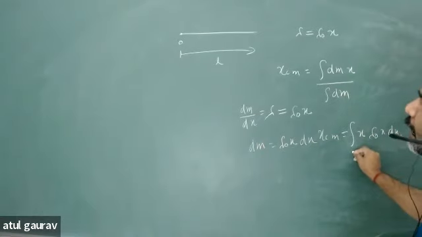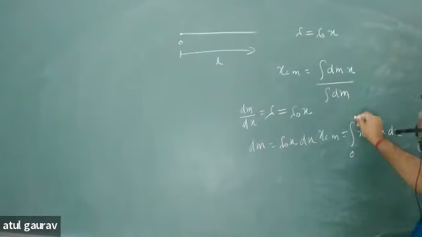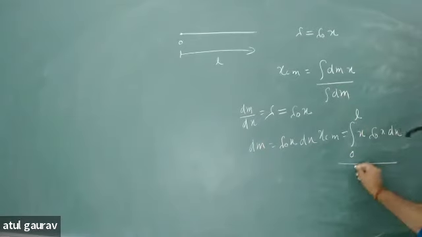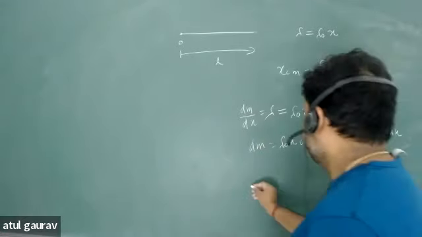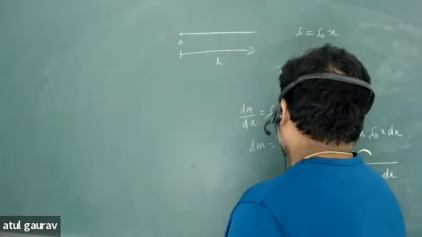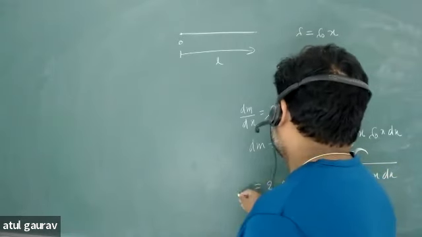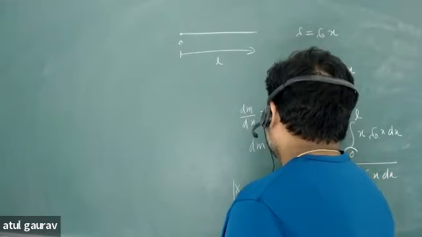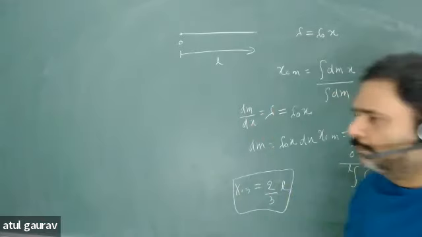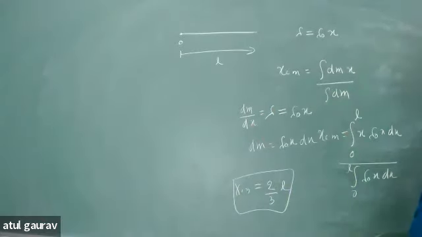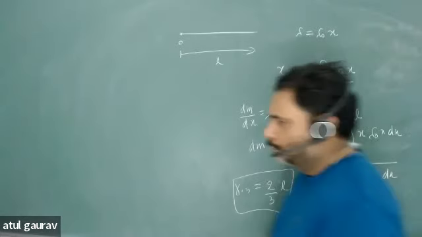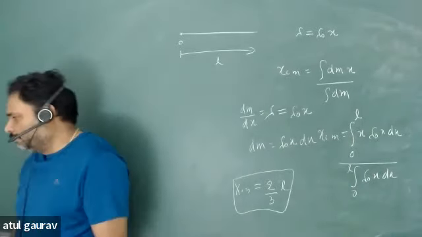You will go from 0 to L. And again, you will just go for lambda naught x dx from 0 to L. What will be the answer? 2 by 3, that will be 2 by 3 L. So this is your xcm. Very simple, straightforward. Isn't it? Yes, sir, this is straightforward.